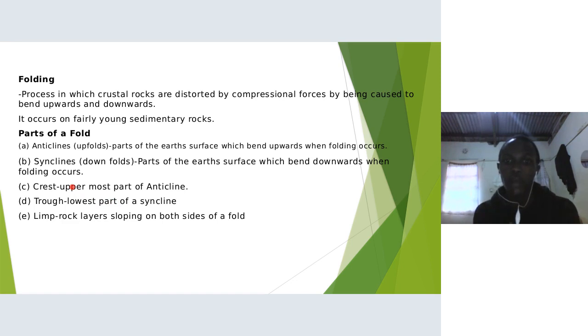A fold is made up of 5 parts, and the first one is anticline, or rather upfold. Anticline is the part of the earth's surface which bends upwards when folding occurs.